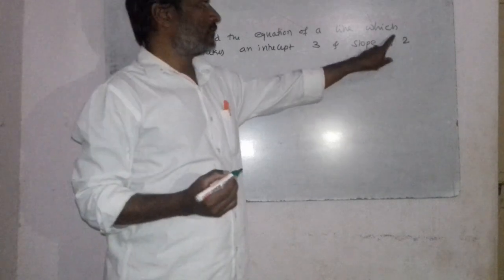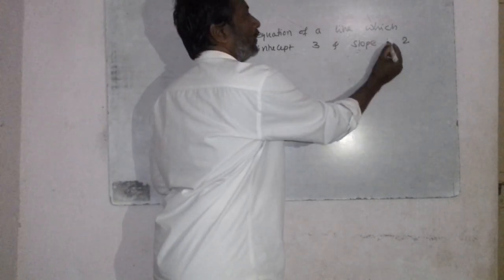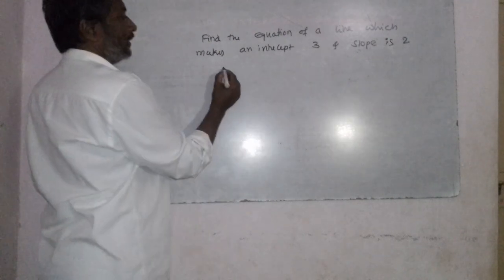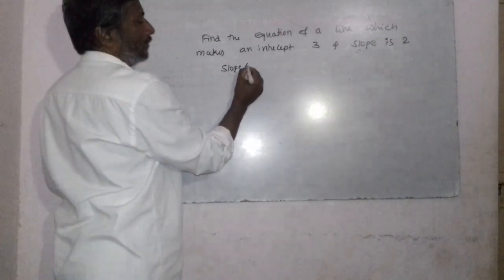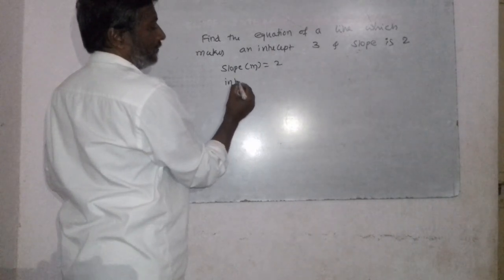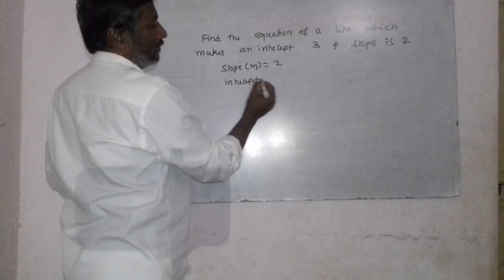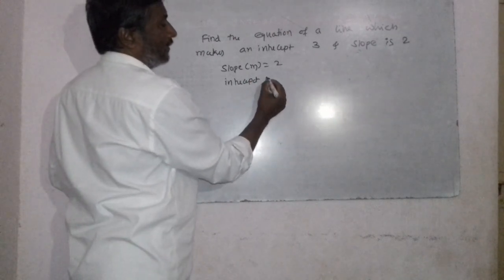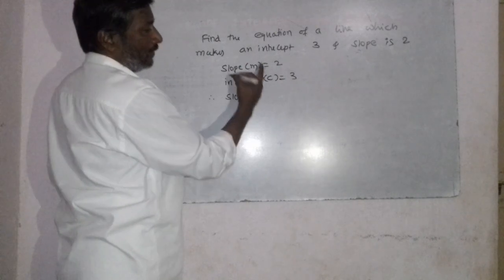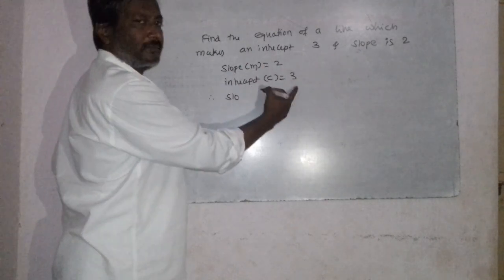So slope is given, intercept is given. So here slope m equal to 2, intercept c equal to 3. Therefore slope is given, intercept is given.